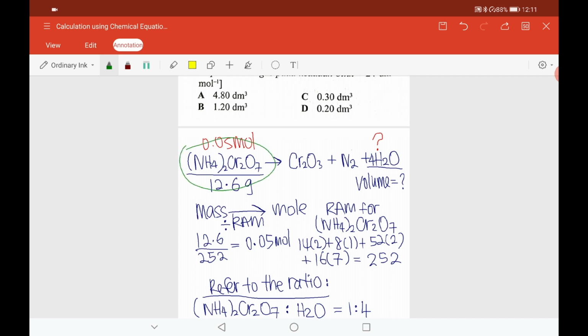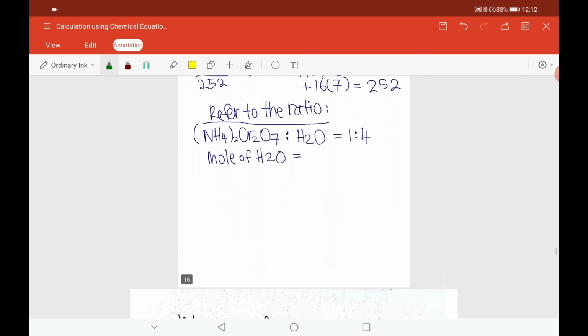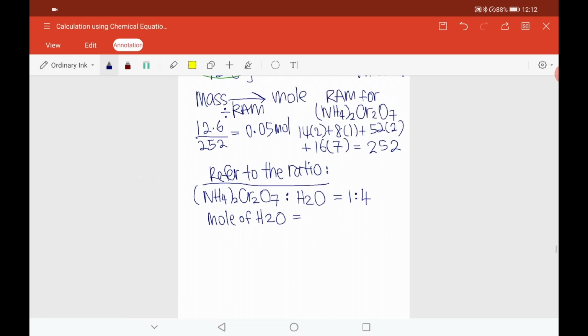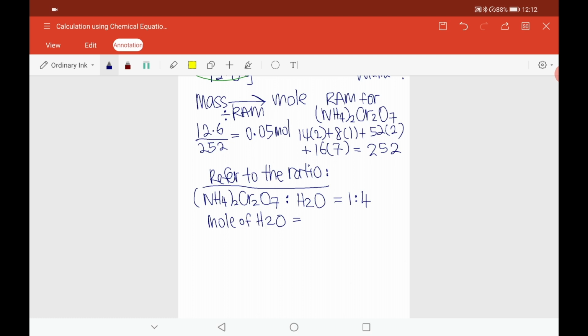So how to get the 4 times here? The mole of the NH4 Cr2O7 is 0.05. So we times 4 here, and we're going to get 0.2 mole.